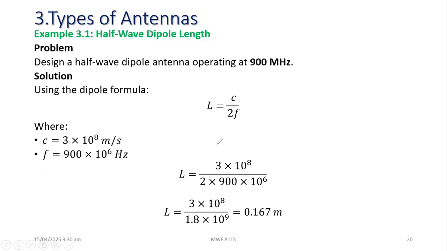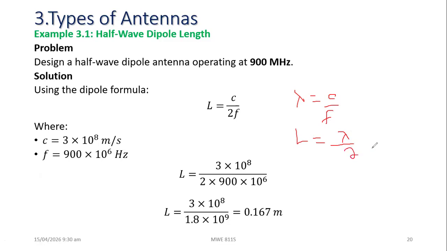We said in the design, first of all, you need the wavelength, which is given by C divided by F. Once you find that wavelength, its length is half the wavelength, that is, the wavelength divided by 2.